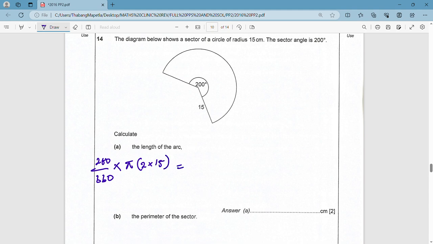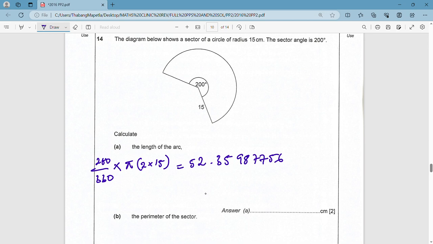Then simplify that: times pi times 2 times 15 is 52.35987756.